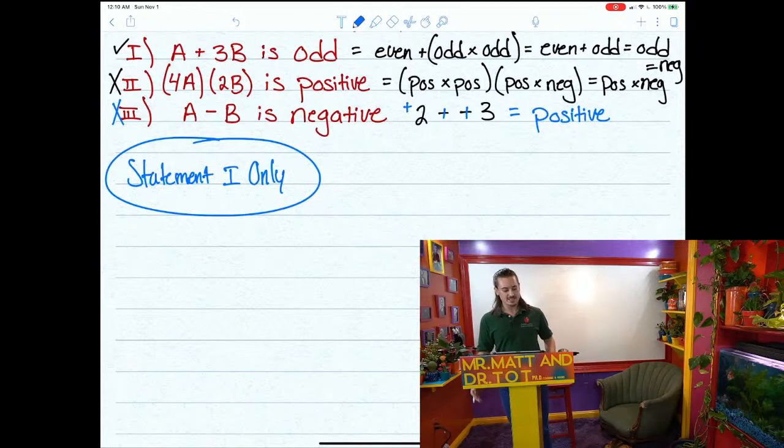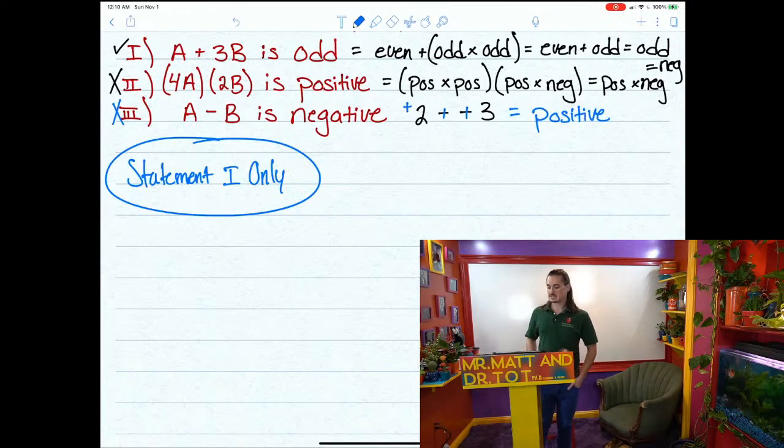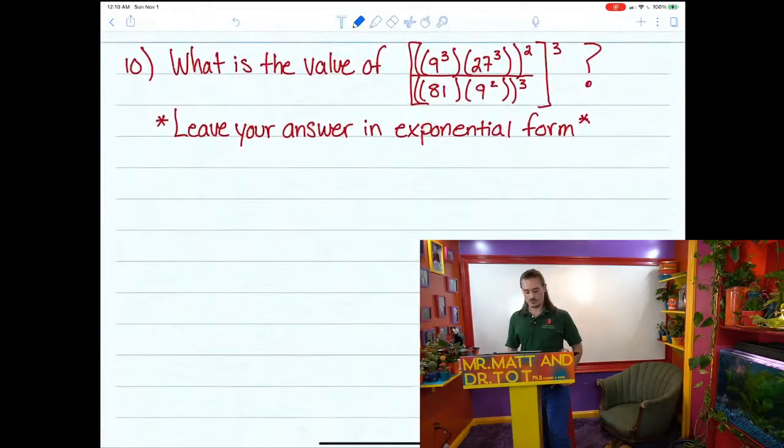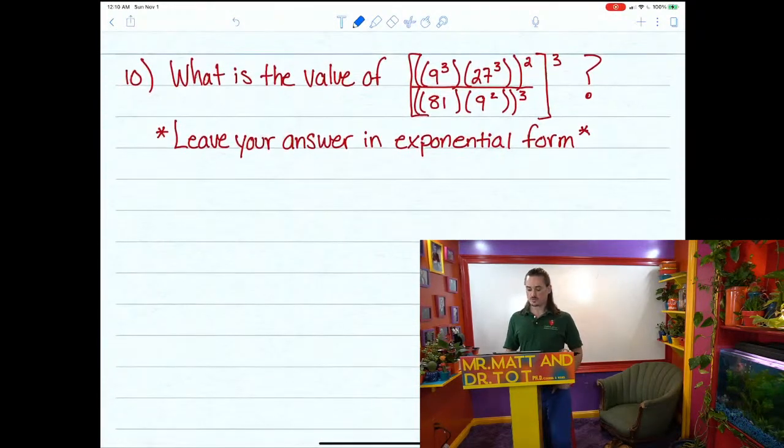So number 10 is an extremely complex exponential form. So I'll do my best to read this to you. First of all, they're asking for the value of this complex rational expression. So we're going to have a numerator and denominator. Around the entire fraction, however, there are brackets raising the entire fraction to the third power.